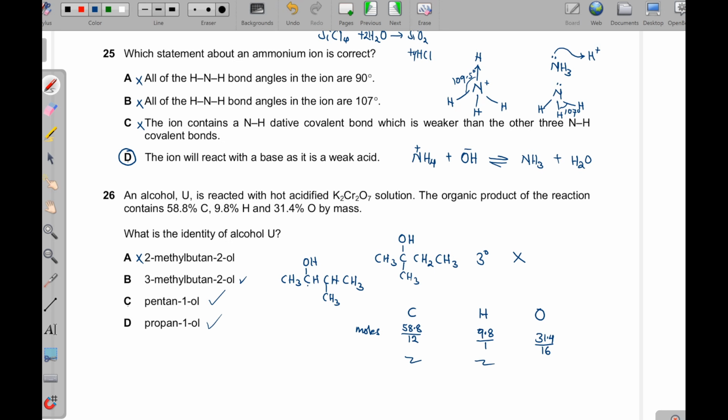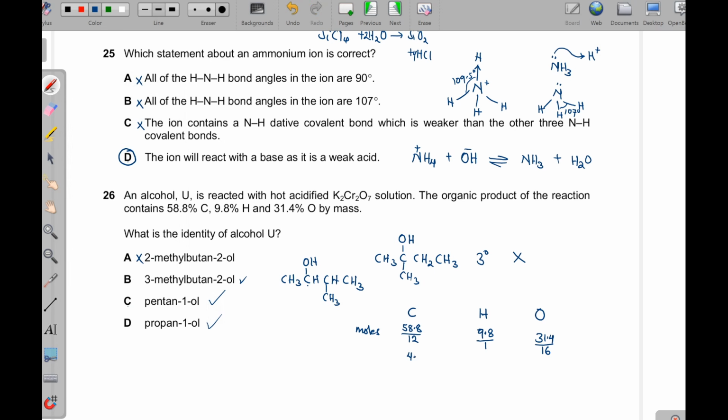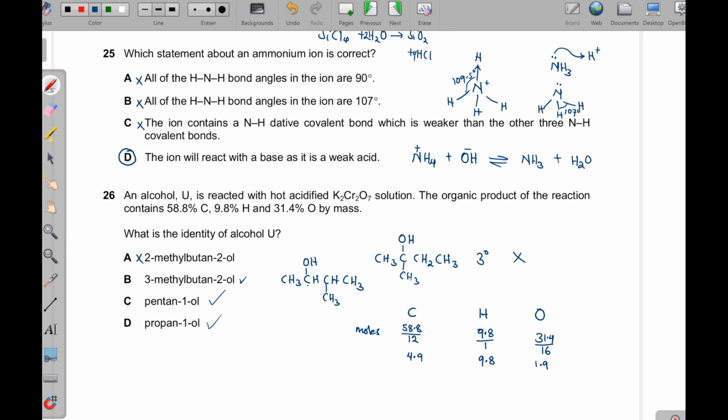What do we get here, here, and here? 58.8 divided by 12 gives us 4.9. Then here 9.8. Then 31.4 divided by 16 is 1.9625. Then we can now find the mole ratio.